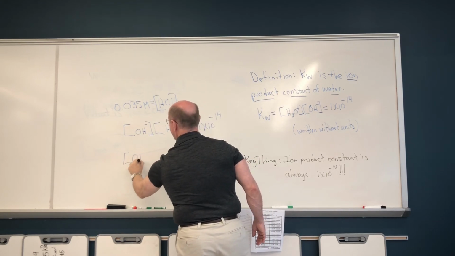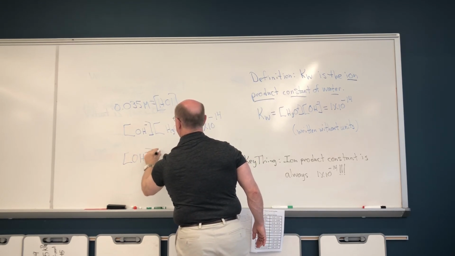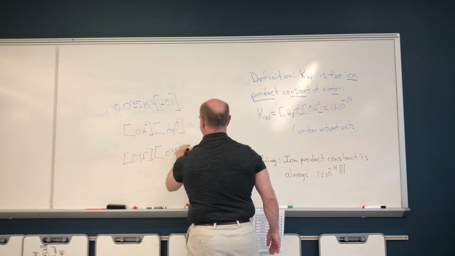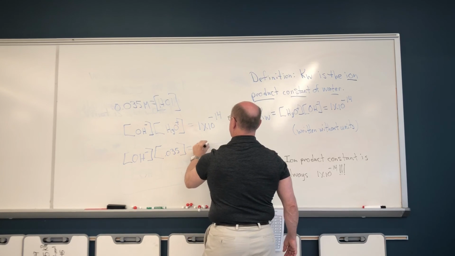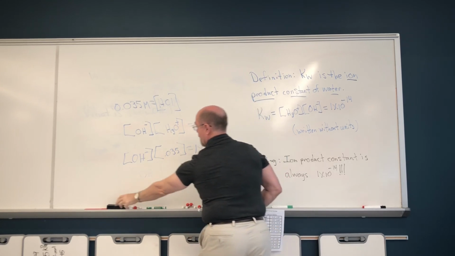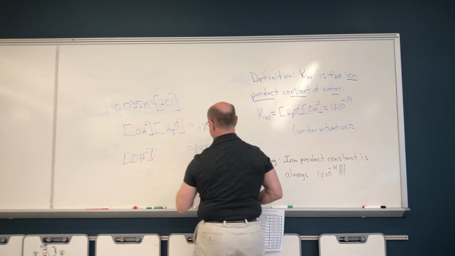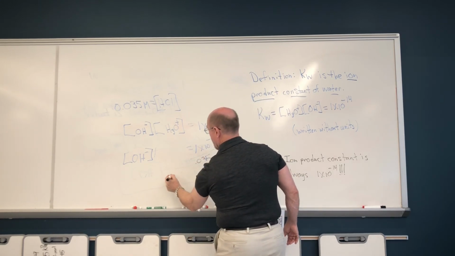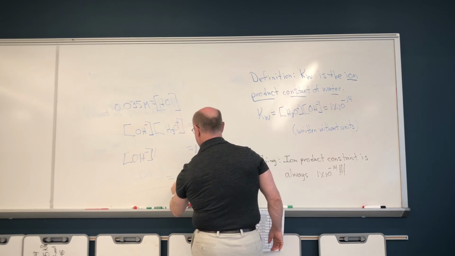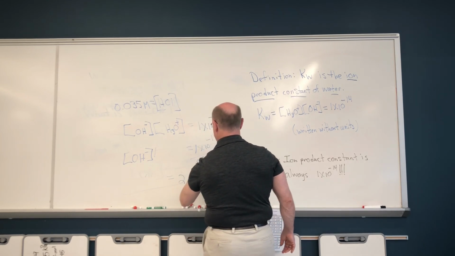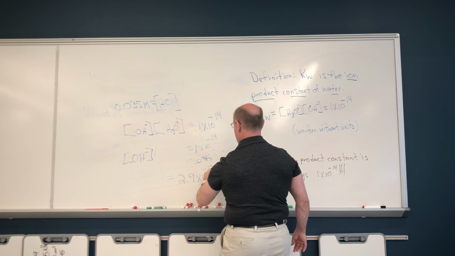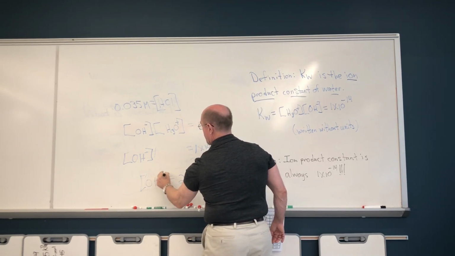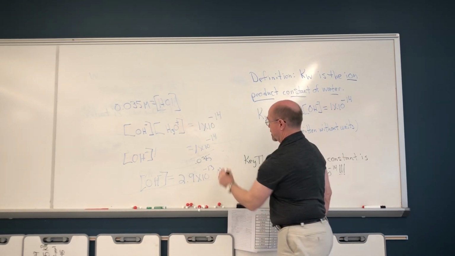So we just plug in 0.035 molar equals 1 times 10 to the minus 14. Divide both sides by this. And you come up with a magic number of 2.9 times 10 to the minus 13 molar is our concentration of hydroxide. All right?